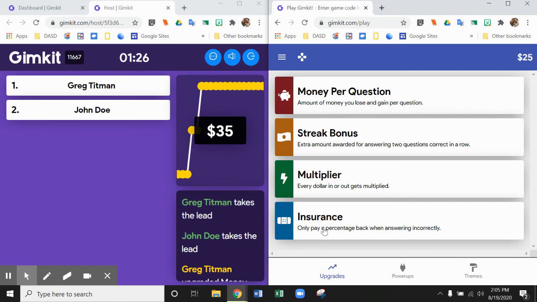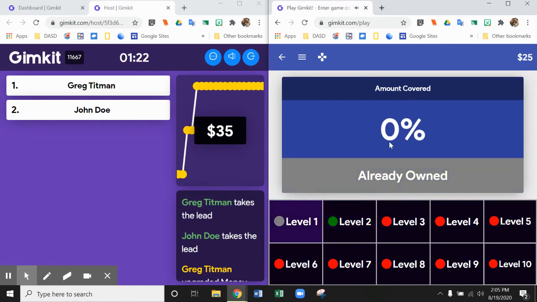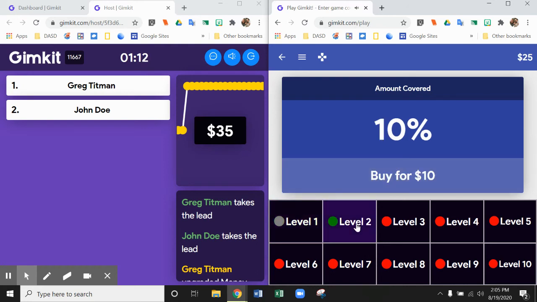The last one here in the upgrades tab is insurance. The way this works is right now, if you get an answer incorrect, you lose the full amount. So I think right now I have mine set so I'm getting $5 if I get the answer correct, $5 if I get it incorrect. If I were to upgrade this to level 2, right now I would only lose 90%. So you're getting 10% covered. So you would lose 90% of what it was. I'm just going to make the math easy.